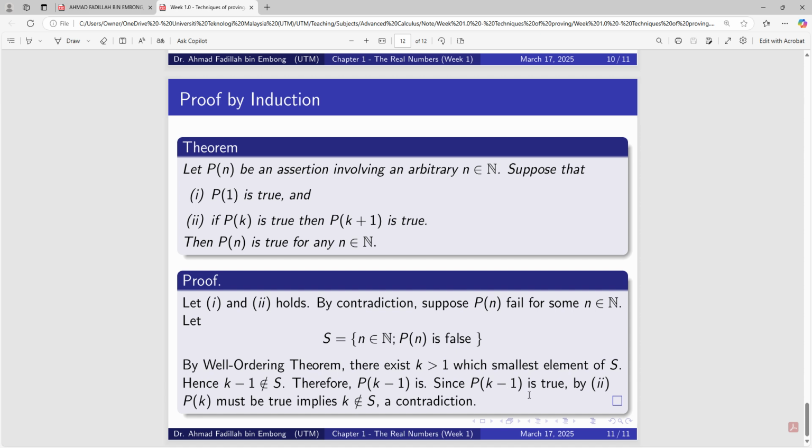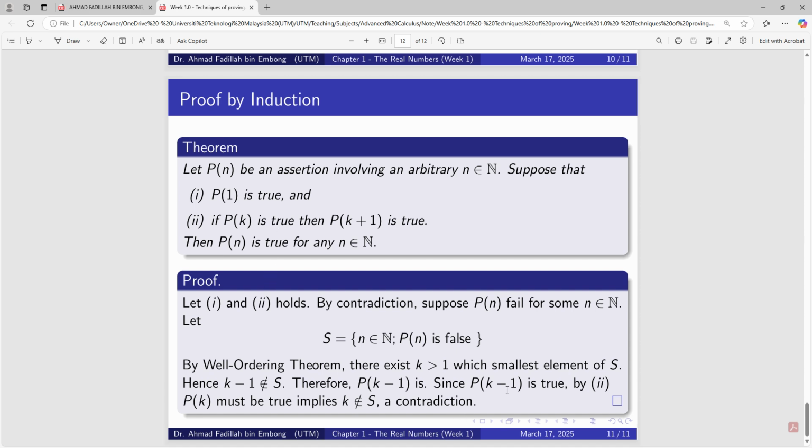Because k is the smallest element of S, and S is the set of false statements, whenever we subtract 1, k minus 1 should be outside of S already. So here we prove that k minus 1 is outside of S, meaning that P(k-1) is true.